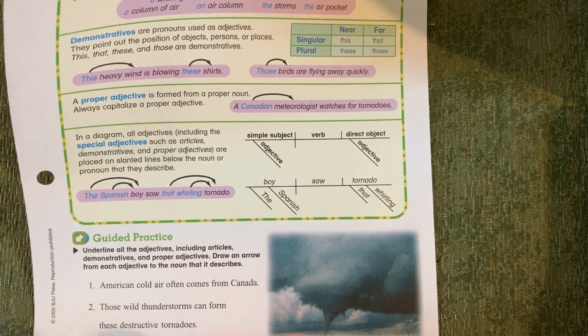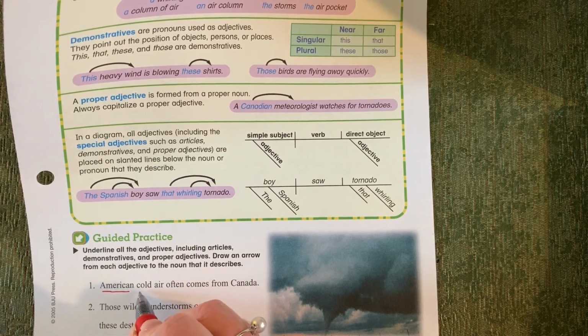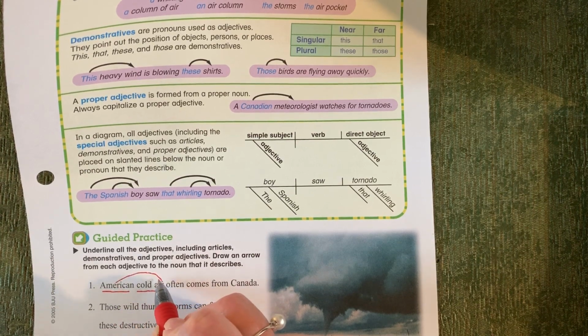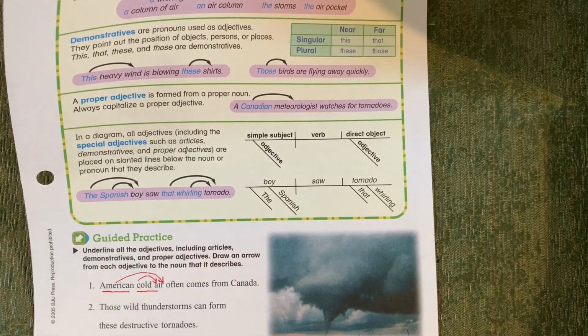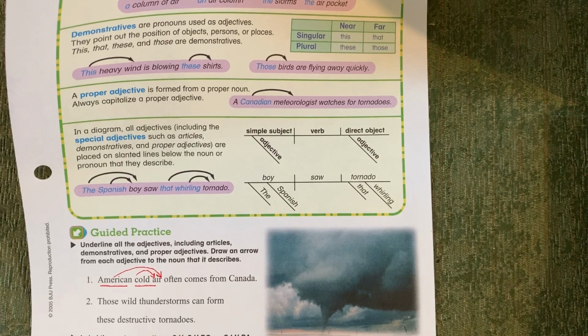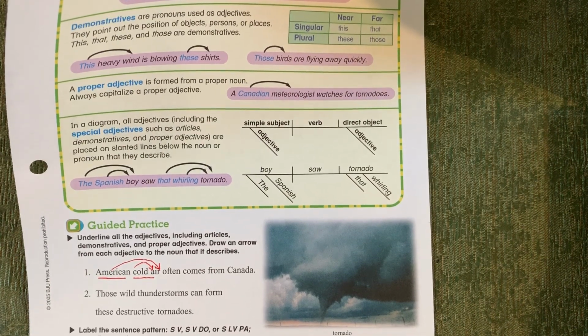It's American air, and it's cold air. So American is describing air, and cold is describing air. All right, we also have Canada as a noun, but there's nothing describing that, so we don't have any adjectives there.